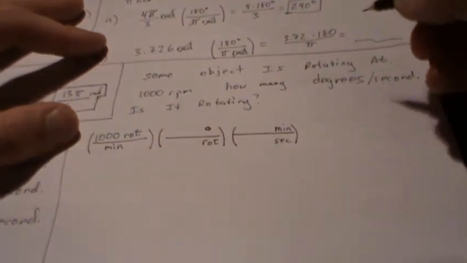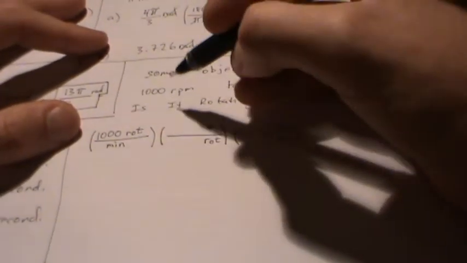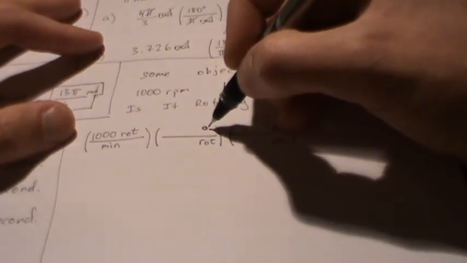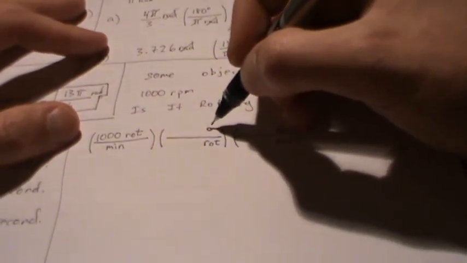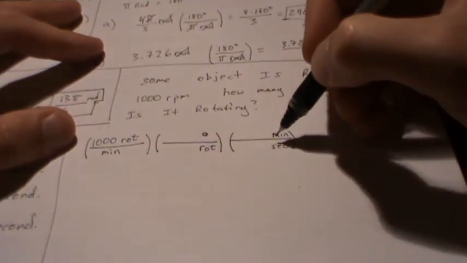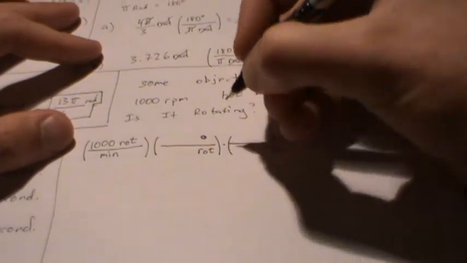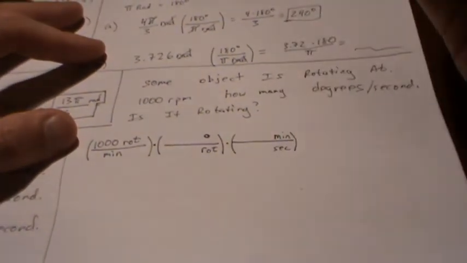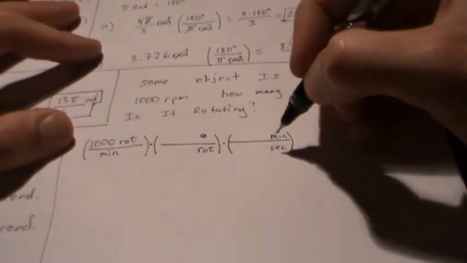Now this is our plan basically. Rotations, I'm going to cancel, and my only unit left up here is going to be a degree. I'm going to be able to cancel the minutes here, because remember this is multiplication, and I'll be left only with seconds, so degrees per second.